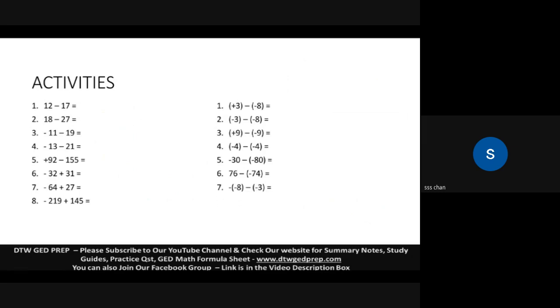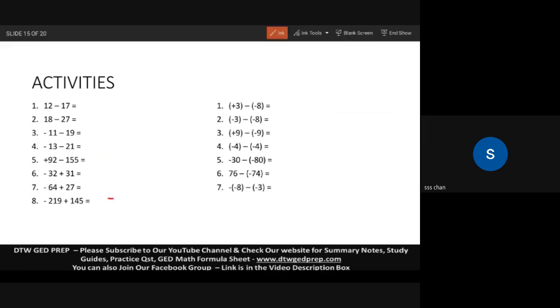So going further, now we have negative 8, negative 3. What would this give us? We have established that anytime you have the negatives together like this, it becomes a positive sign. So negative becomes positive 8, and the negative here becomes positive 3.